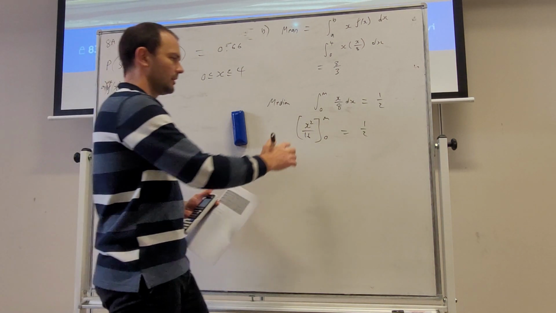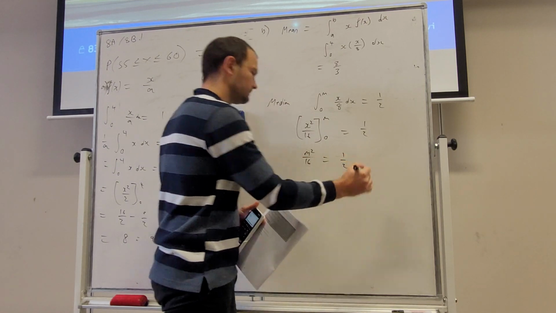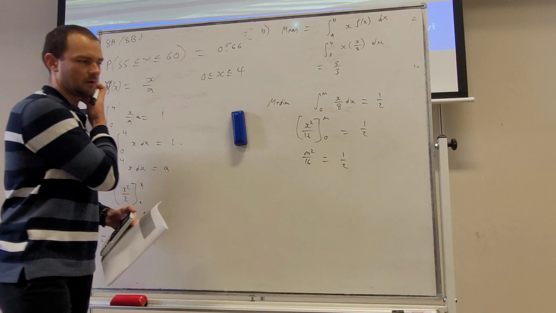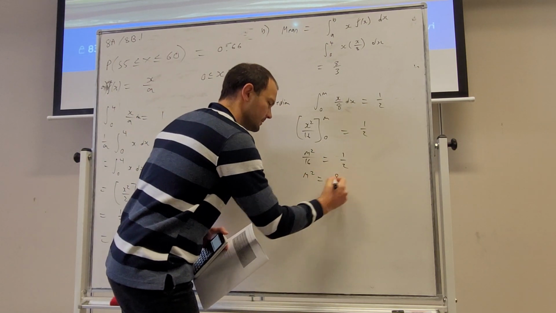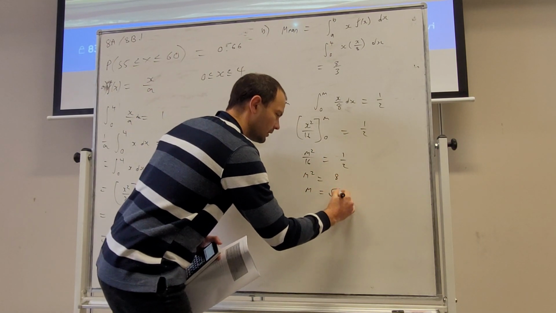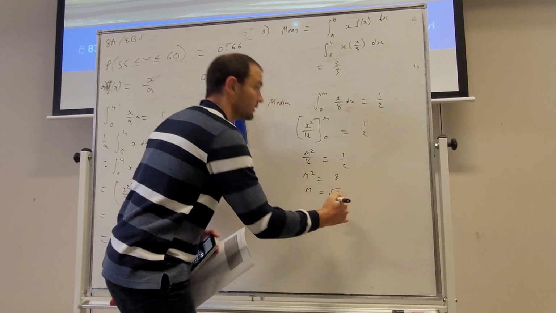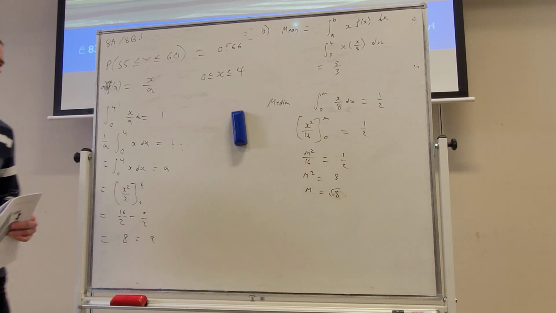And then sub in m, we're going to have m squared on 16 is half. When we sub in 0, it just goes to 0, so we don't need to consider that part. Multiply both sides by 16, m squared is 8, square root. And we don't consider the negative value because the domain is between 0 and 4. So square root of 8 lies between 0 and 4.